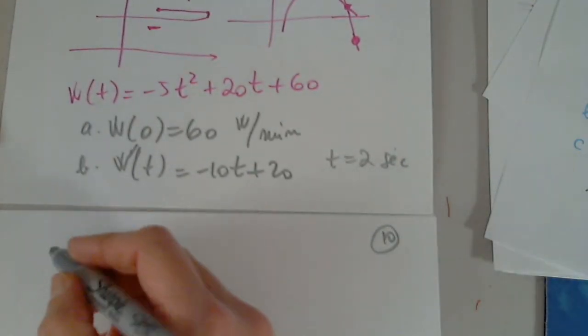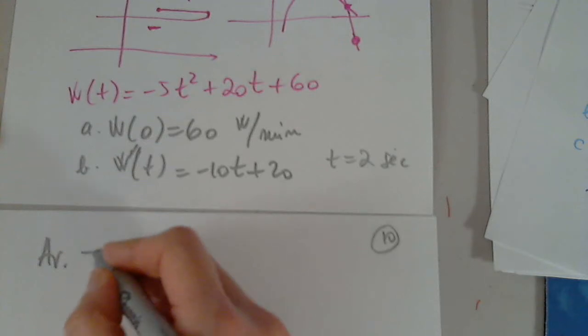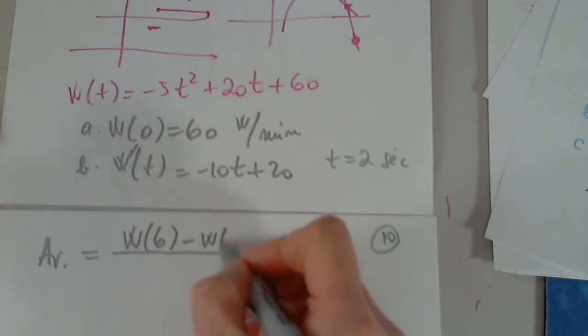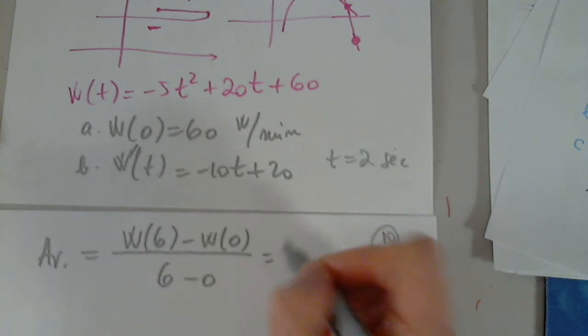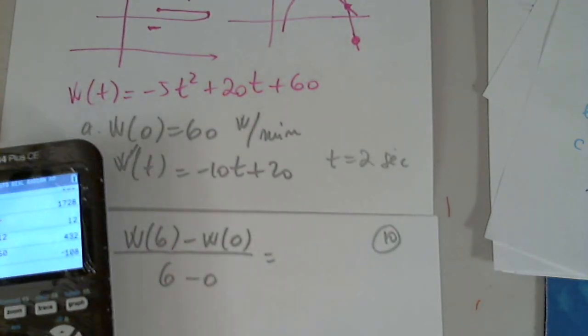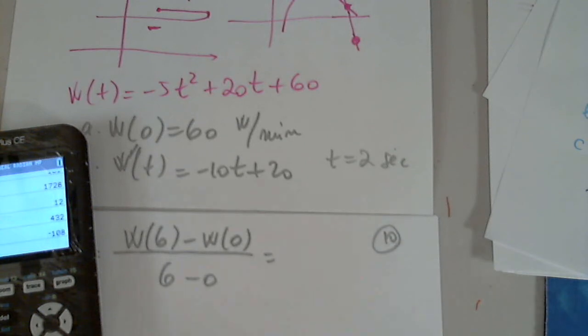Okay, and in part C, we want the average rate, which will still be W of 6 minus W of 0 over 6 minus 0. And let's see now what we get. -5 still times 6, so 36, and that is still this time 2 times 6 and plus 60.